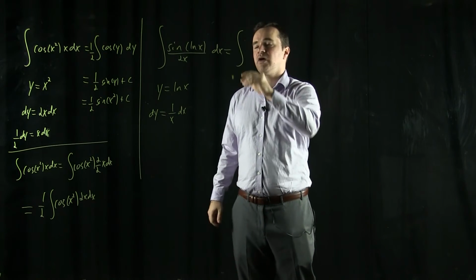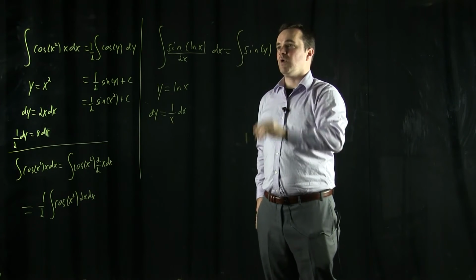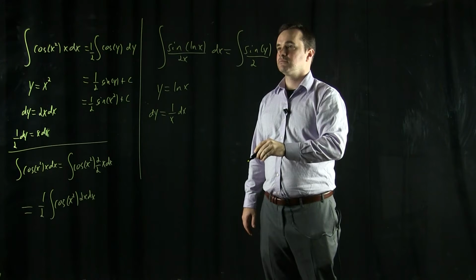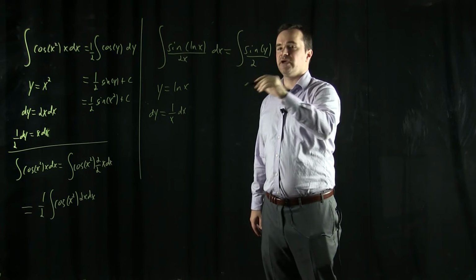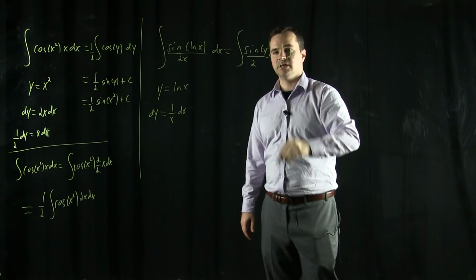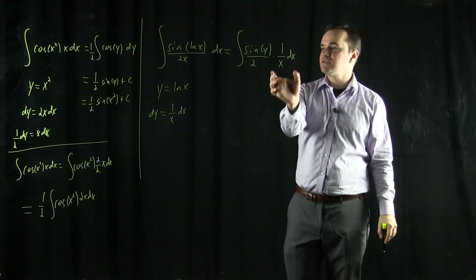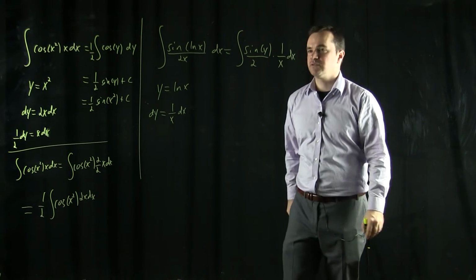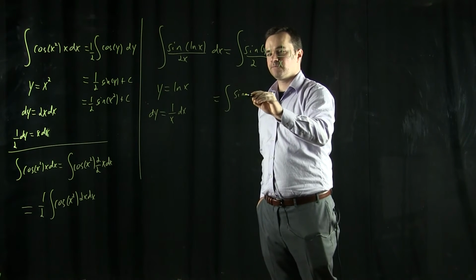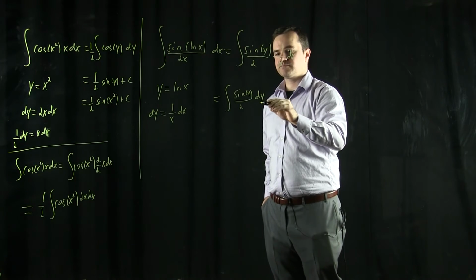When I do my direct substitutions, I'm now going to get sine of y divided by 2 and my 1 over x dx. I'll write out one more step, just making the algebra completely clear. Now you can see this 1 over x dx, that's what I'm going to replace with dy. So I get sine of y over 2 dy.